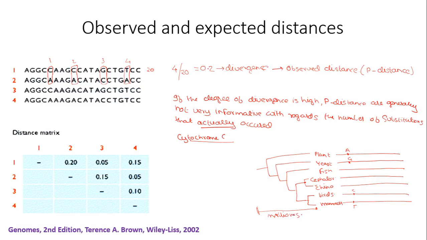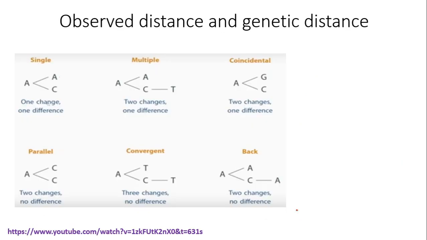Let us take a brief review of various changes that can happen in evolution. I will just give you a brief introduction as to what changes might have happened in evolution that we cannot appreciate by comparing the changes that we see in the current sequences.